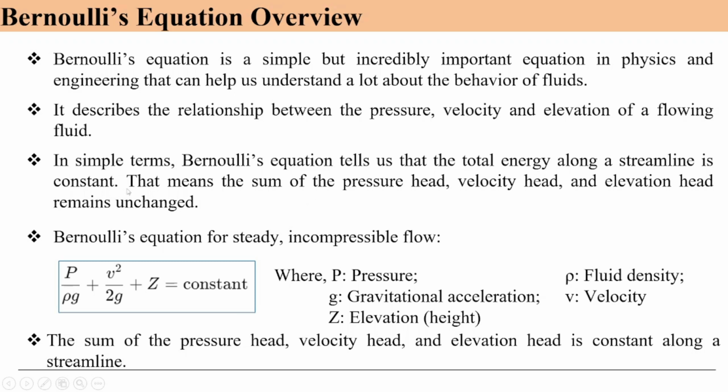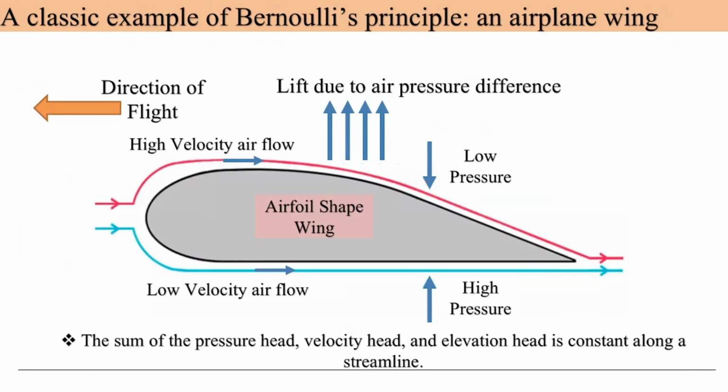So the sum of pressure head, velocity head, and elevation head is constant along the streamline, as we have seen. This equation implies that an increase in the speed of the fluid occurs simultaneously with a decrease in pressure or a decrease in potential energy. For example, a classical example of Bernoulli's principle in action is an aeroplane wing.